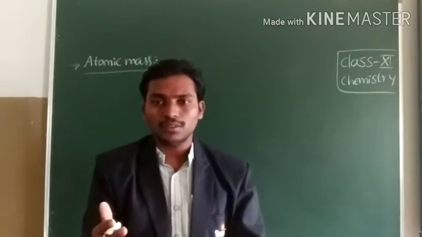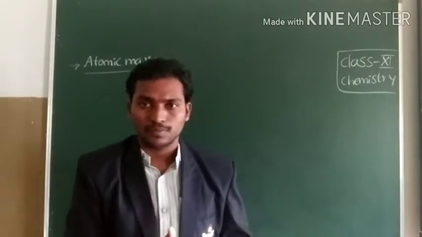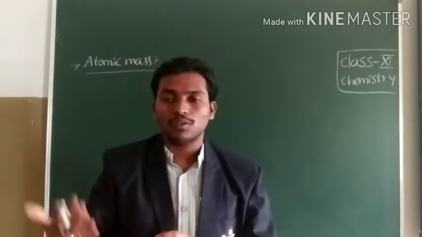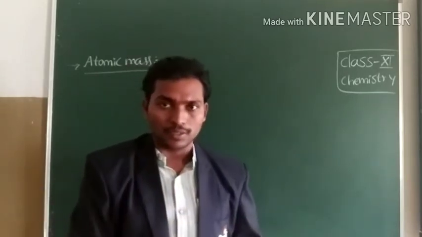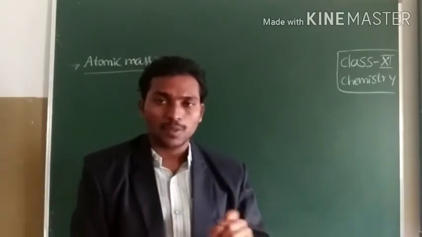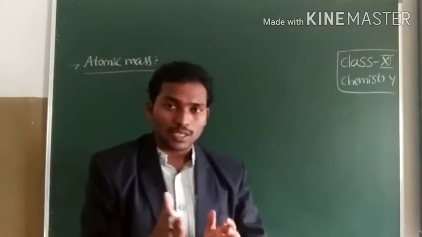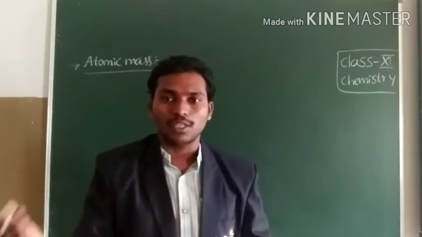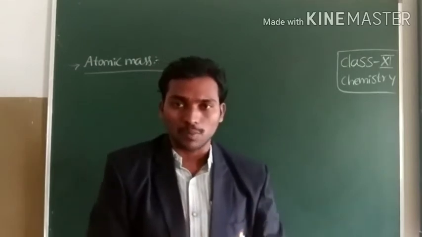They compared the mass of one atom of carbon-12 isotope with another element, and that is called atomic mass unit. So atomic mass unit can be defined as the number of times the mass of one atom of an element is heavier than the mass of 1/12 of a carbon atom.